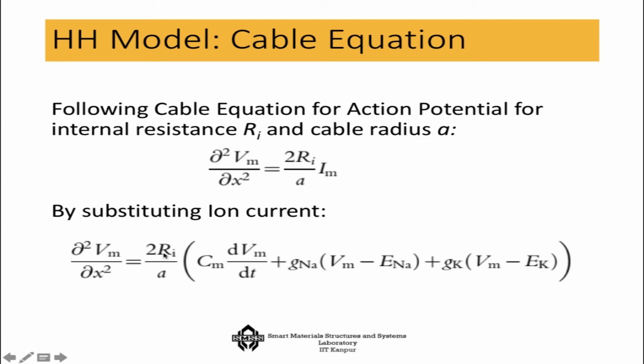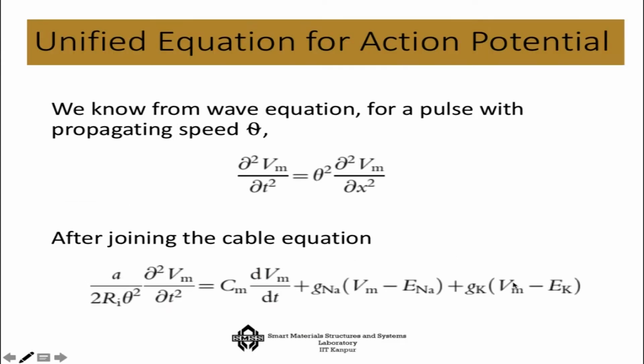But you can see here that we still have both the spatial variable and the temporal variable. Ideally, we would like an equation completely in terms of the temporal variable. That can be done, of course, and that is what we will talk about next, the unified equation for the action potential.